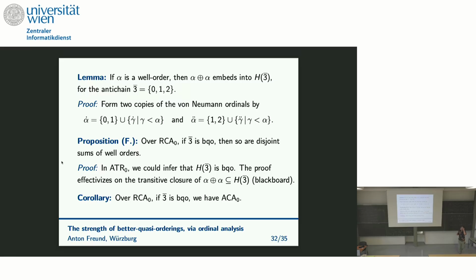And the idea is, again, simple enough. We just form 2 copies of the von Neumann ordinals. Hope that these are going to be incomparable, as they should be in this sum. And in the first copy, we always throw in the Ur elements 0 and 1. And in the second copy, we always throw in 1 and 2. And otherwise, we just do the von Neumann ordinals, right?